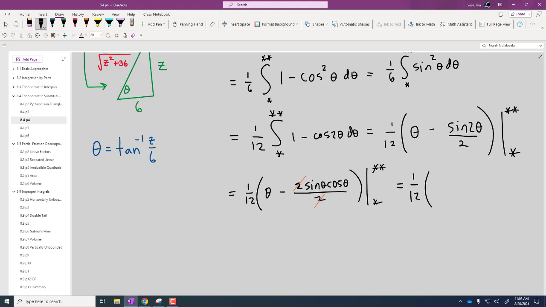So theta, inverse tangent of z divided by 6, minus sine of theta, we go to the triangle. Sine of theta is opposite over hypotenuse, so z divided by the square root, so z over square root of z squared plus 36.